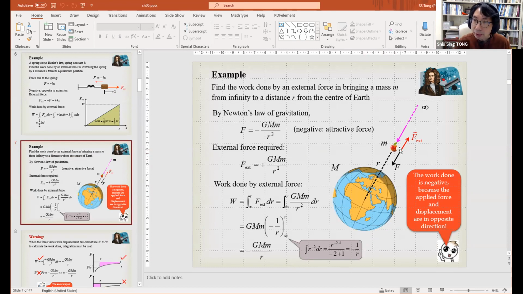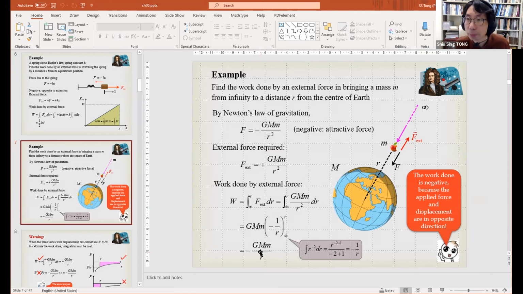We apply an external force, just balancing the gravitational force of the Earth, to move this body from infinity to its present position. The work done by the external force is given by this integral, and that integral gives minus GMm over r. So that is the work done by an external agent.